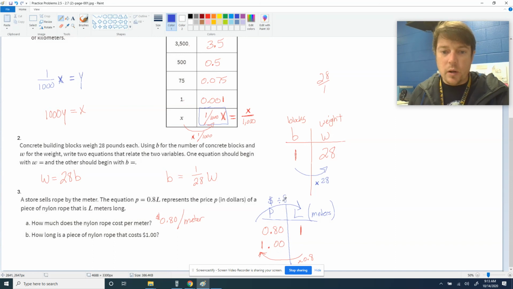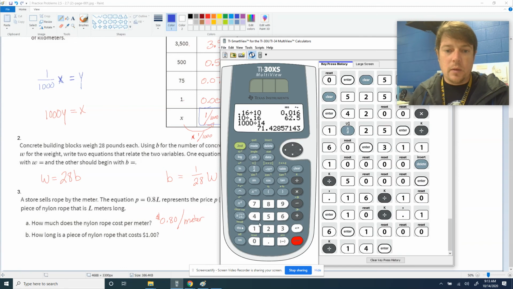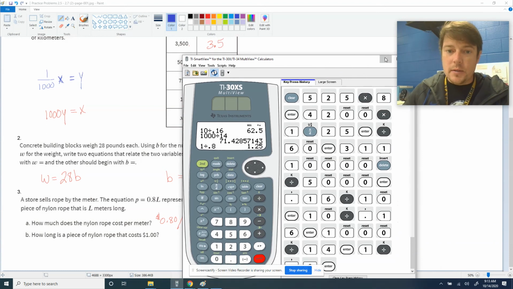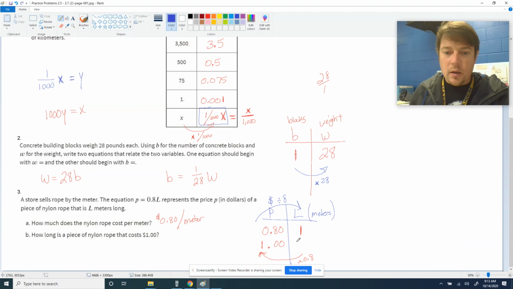So we're going to do 1 divided by 0.8. So let's see what we get when we do that. 1 divided by 0.8. It comes out to be, well, it's not $1. I'm sorry, this is a length. So 1.25. So 1 and 25 hundredths, or 1 1/4 meters. 1.25 meters. And that completes our first page of homework.